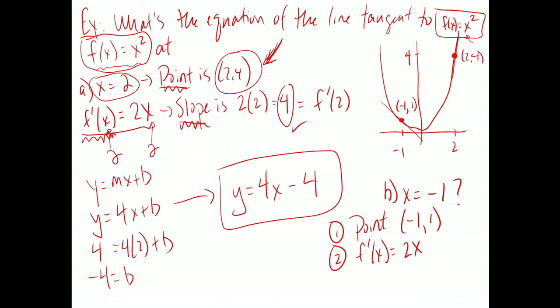So I already know what the derivative is. And so all I need now is to plug in my x value. Because remember, the derivative tells you the slope at any x value you want. Well, I care right now about x equals -1. So I'm going to plug in x equals -1, which of course should give me -2. And that's the slope.